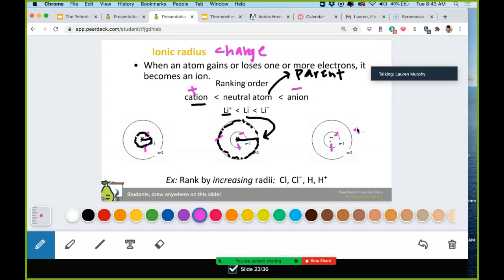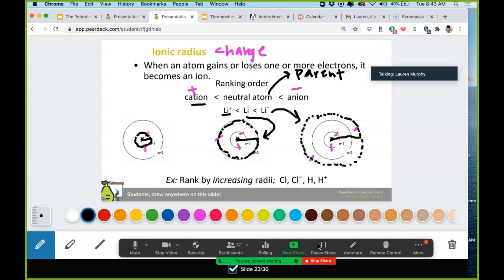So they move a little bit further out. So now my atom has electrons out here. That is because of electron repulsion. Electrons don't like to be next to other electrons, which causes the radii to increase a little bit. So this anion has the largest radius of all of the 3.